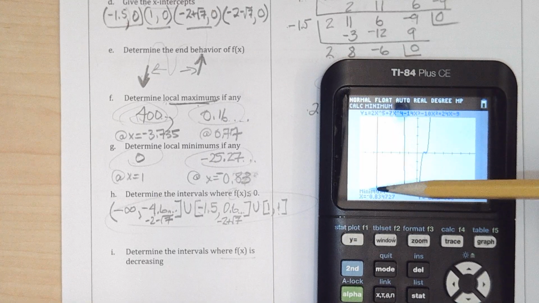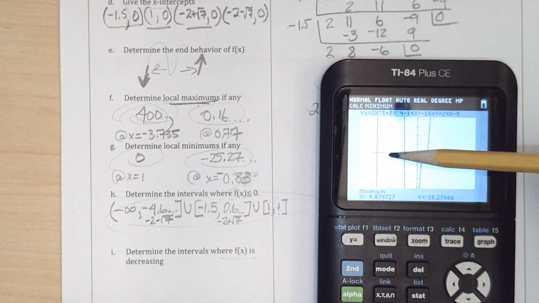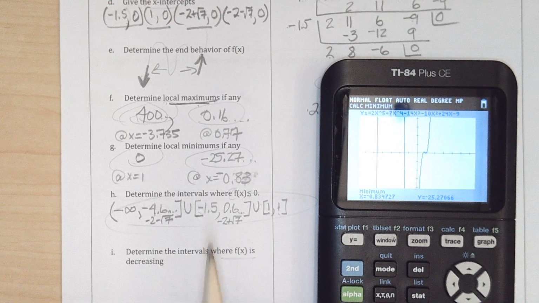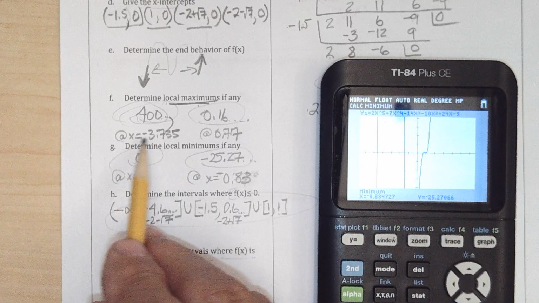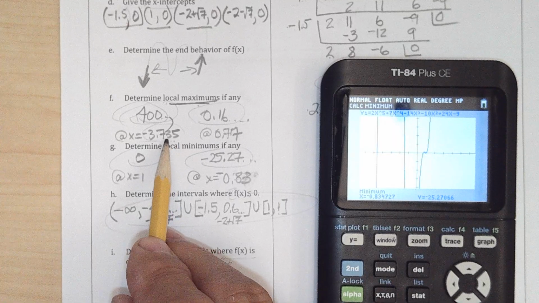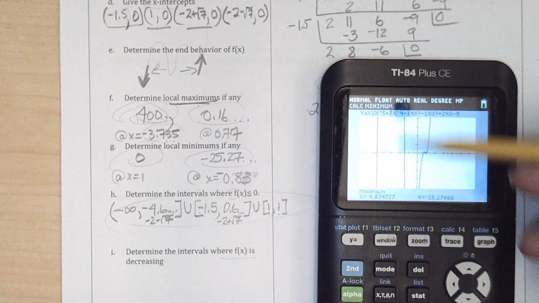Now, we don't want to know the y values. We just want to know when, and when we say when, for what x values is this graph going up? Well, it was going up all the way up to negative 3.7, our maximum. Then it decreased, and that's where we want.